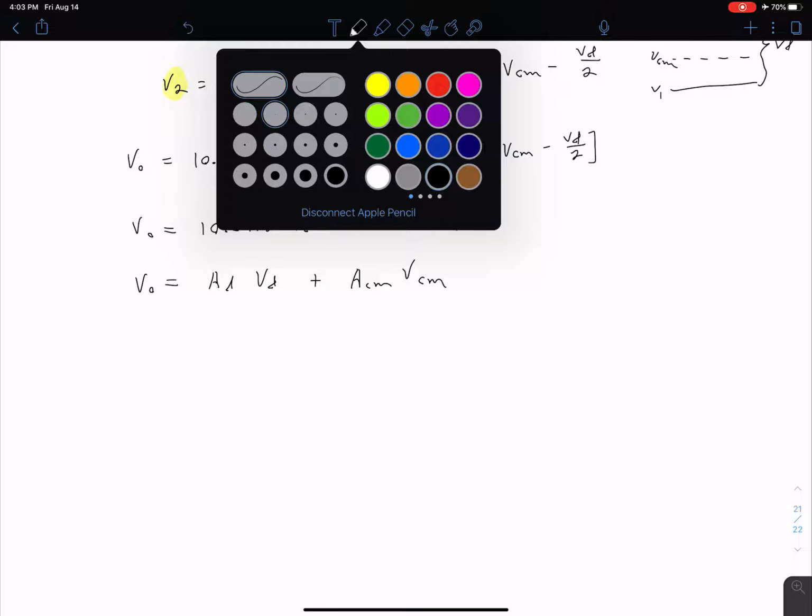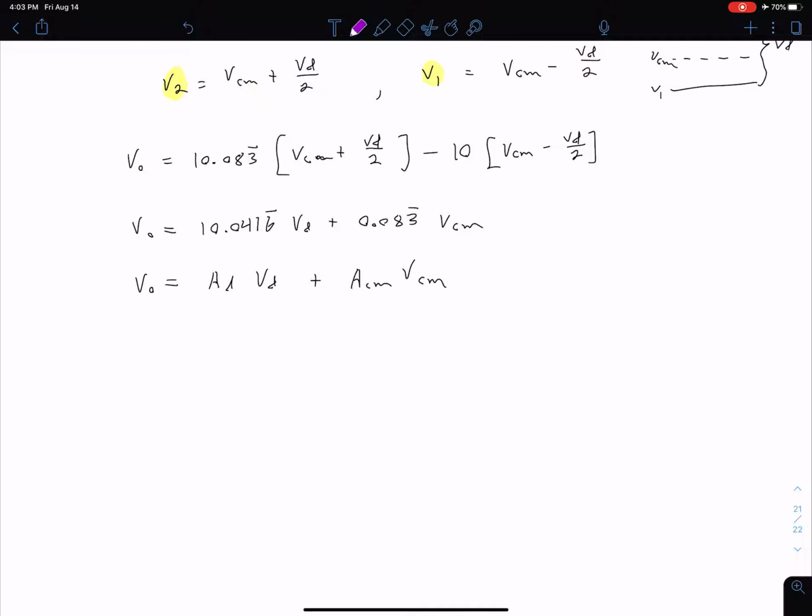To get our common mode rejection ratio, let me circle this so we can see explicitly. This number here is our AD, and this number here is our ACM. So now we can plug in to find our common mode rejection ratio in decibels.